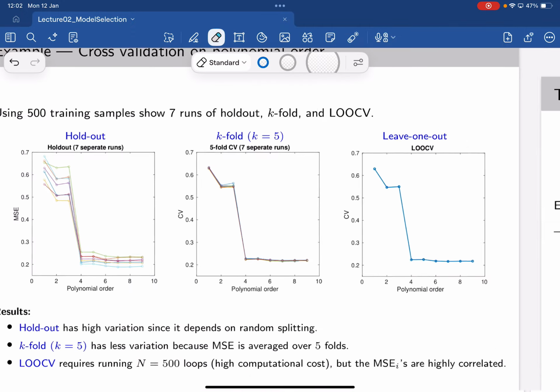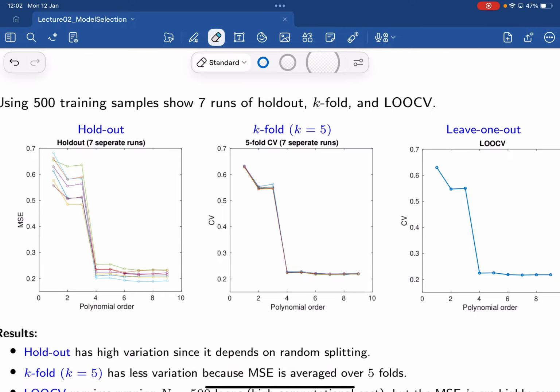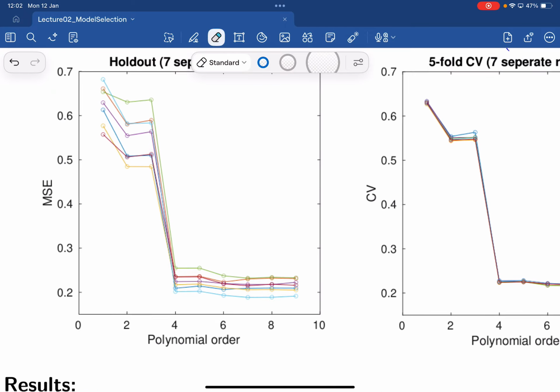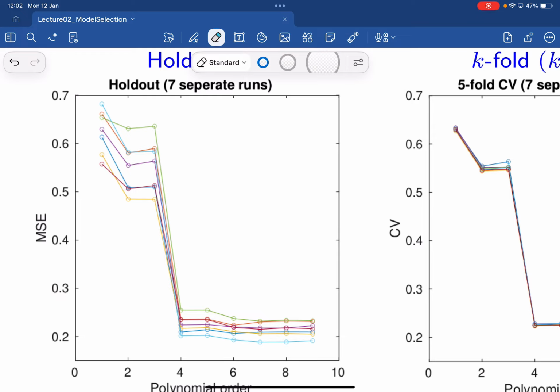And this is an example. When you run holdout, as I mentioned before, each time you run it, you will get inconsistent results, just like the plots here, sometimes you get high, sometimes you get low. That's because it depends on which batch is random in your case.